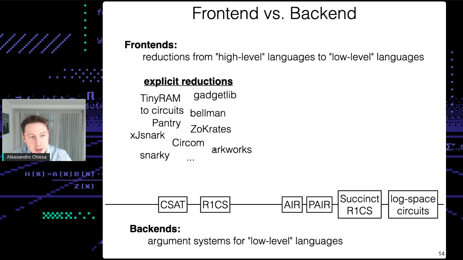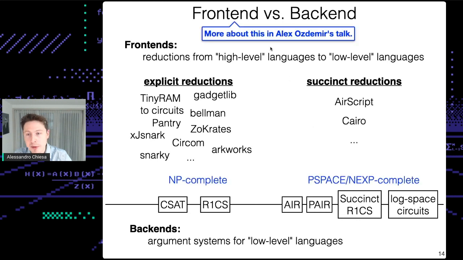There are explicit reductions to reduce to circuits, and there are succinct reductions to reduce to machines. Actually, Circom, Cairo, and Snarky are languages used in the real world by some of the sponsor companies. You will hear a lot more about this in Alex's talk.